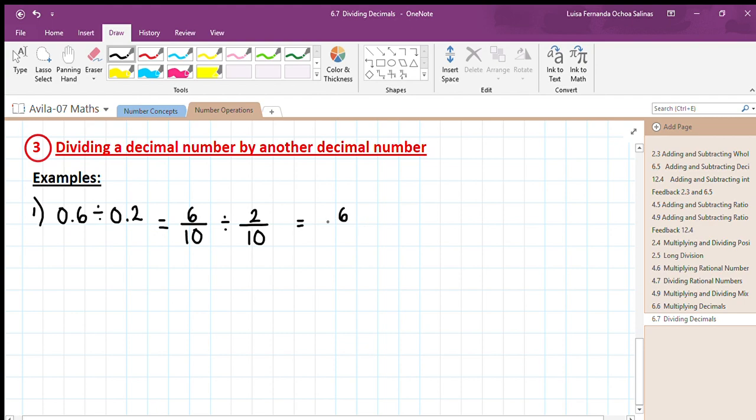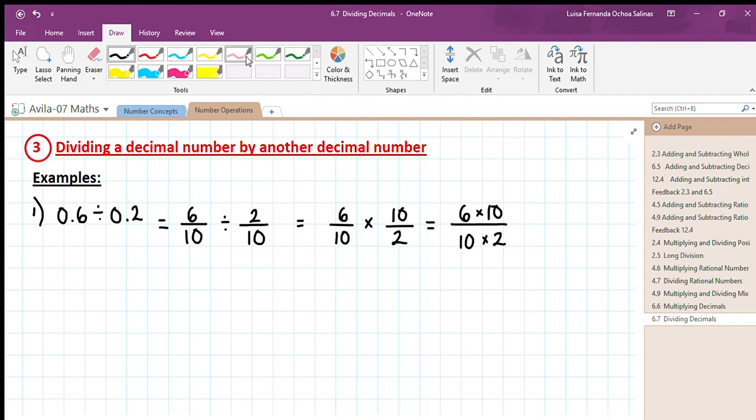So 6/10 times 10/2. And if you follow my advice in my previous video from last lesson, when you multiply, you write it like this. Okay, and what are you noticing?